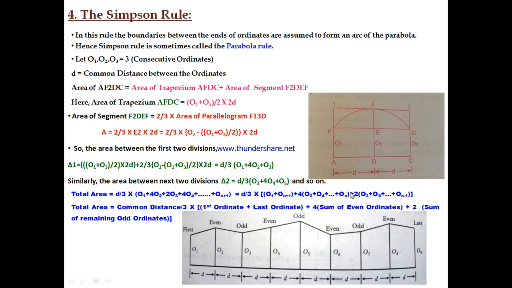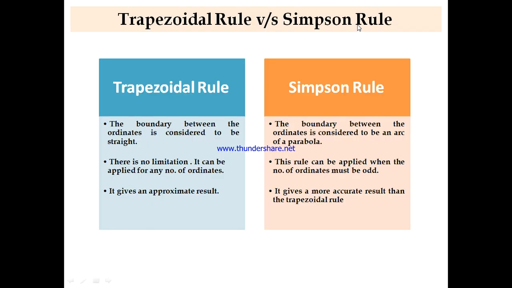By application of both these rules, we can easily determine the area. After determination of area, you can see that Simpson rule is far better and more accurate as compared to the trapezoidal rule, as it gives an approximate result while Simpson gives the accurate result.